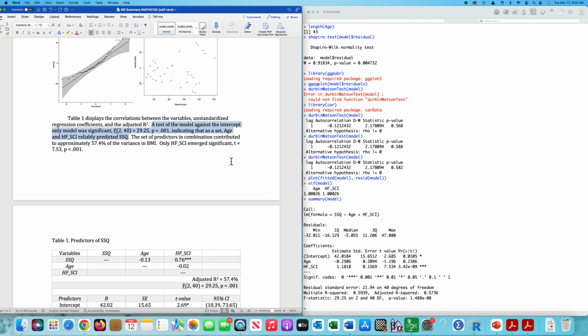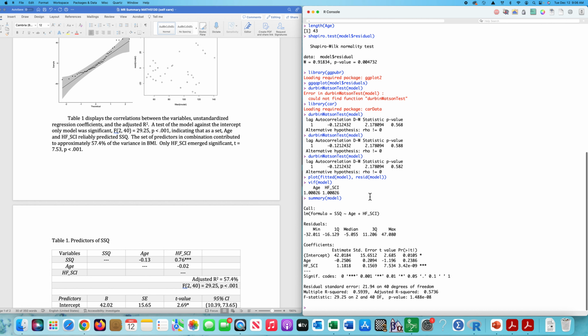And remember, the model diagnostic comes from the F statistic line right here, which tells us we have degrees of freedom 2 and 40, which I've reported. We have a test statistic of 29.25, which I reported, and we are statistically significant at the 0.001 level, telling me that as a set of predictors, age and HF reliably predict SSQ.